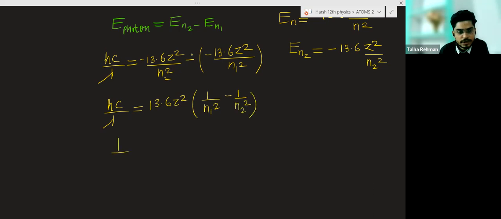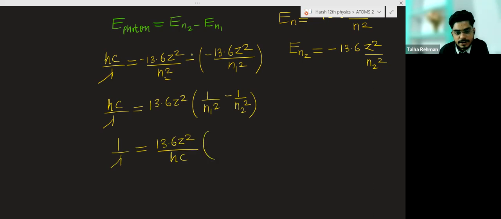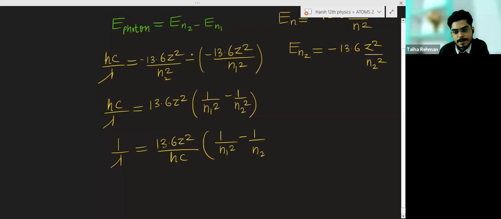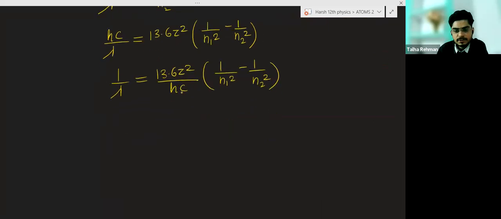Now from here you will get 1 by lambda equal to 13.6 Z square divided by hc, times 1 upon N1 square minus 1 upon N2 square. Now this value 13.6 divided by hc is found to be 1.09 into 10 to the power 7 meter inverse, and this is also known as the Rydberg constant.